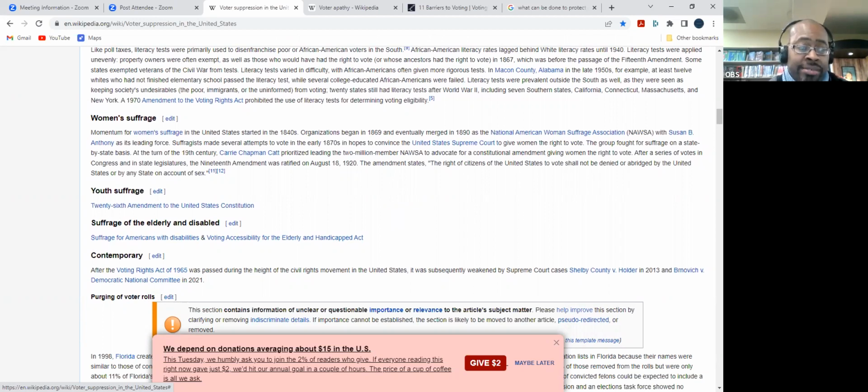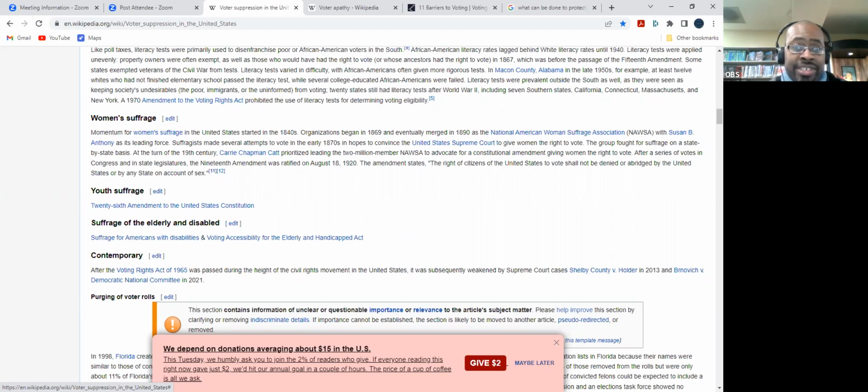And the women's suffrage movement, the campaign for the right of women to vote, began in the 1840s. Organizations got started in 1869, and the National American Woman Suffrage Association, led by Susan B. Anthony, was started in 1890.